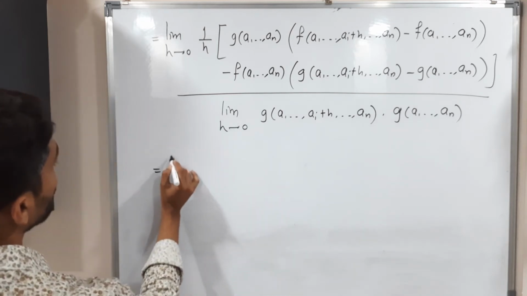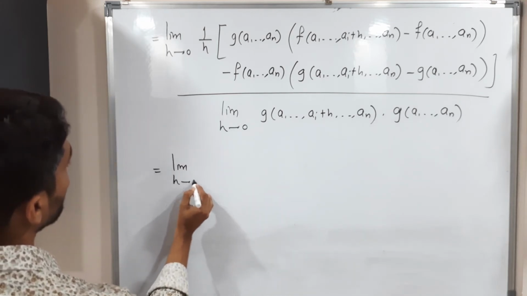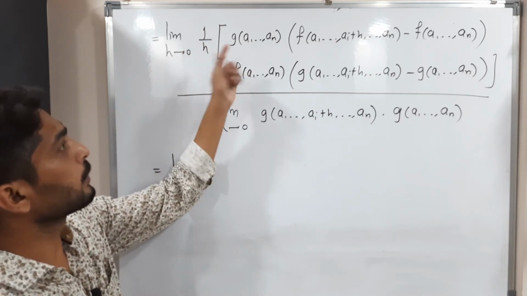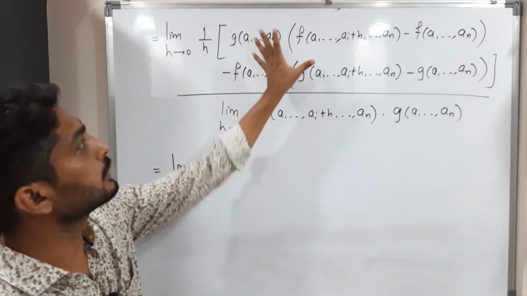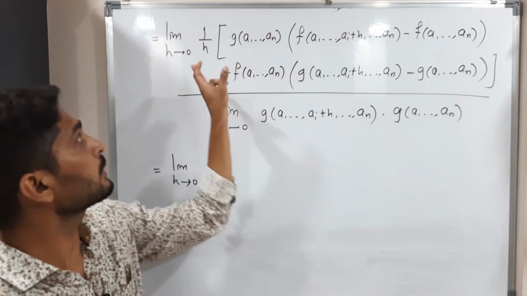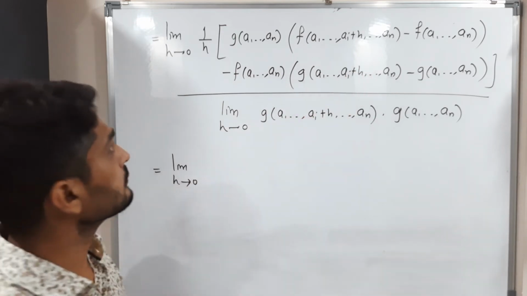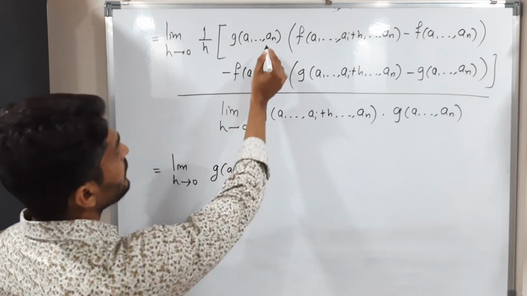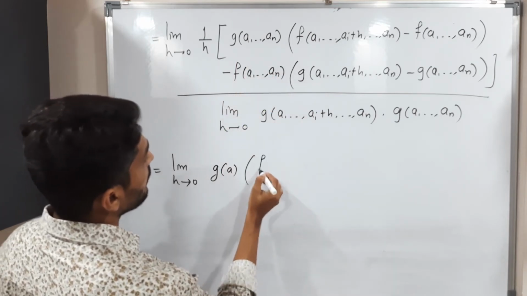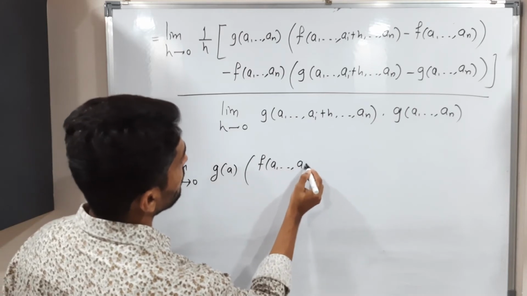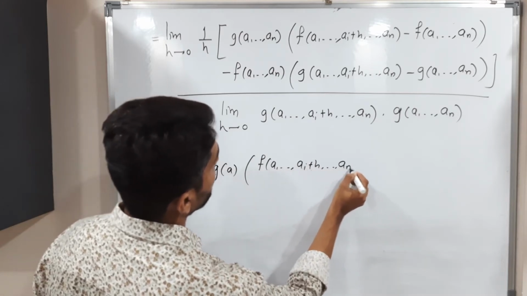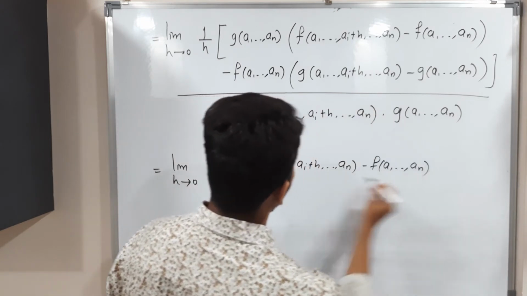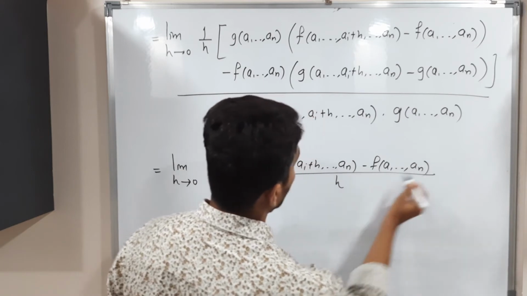So this is equal to limit h tends to 0. See, 1 by h we are going to take product with this bracket. So 1 by h into first term minus 1 by h into second term. So that means 1 by h will be the denominator of these two. So therefore g of a, this is nothing but a1, a2, and that is nothing but f of a1 and so on ai plus h and so on n minus f of a1 and so on n divided by h.